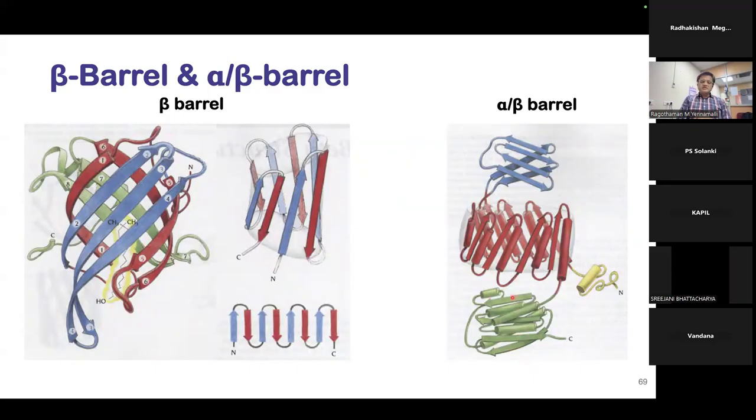Now imagine instead of this orientation where alpha and beta are interlinked, you have one region in the domain that is completely alpha helical, and completely another region that is completely beta in nature, but it's a single protein. That is called an alpha plus beta structure.